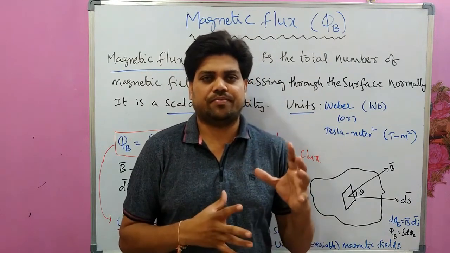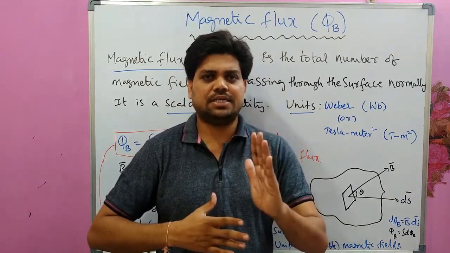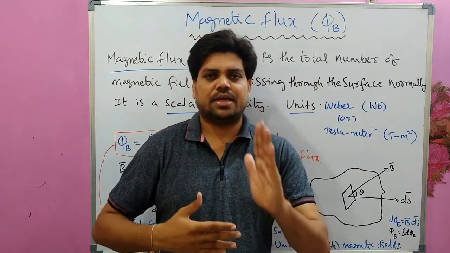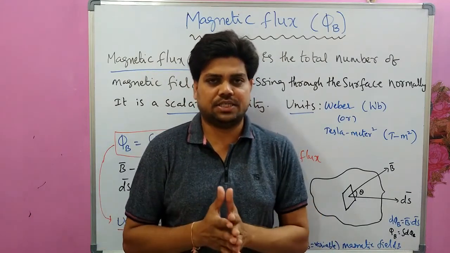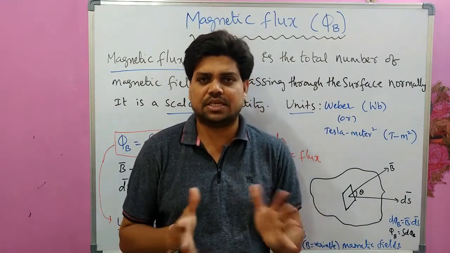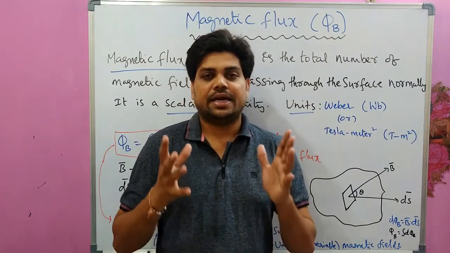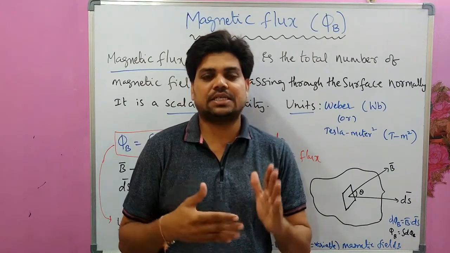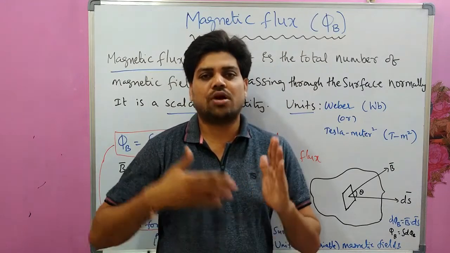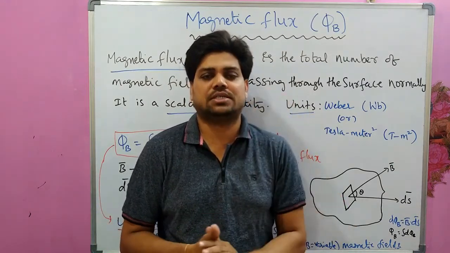Very useful. We all know that area is a vector quantity. Area of any surface is a vector quantity, and it should have direction, and the direction of that area is always perpendicular to the surface.